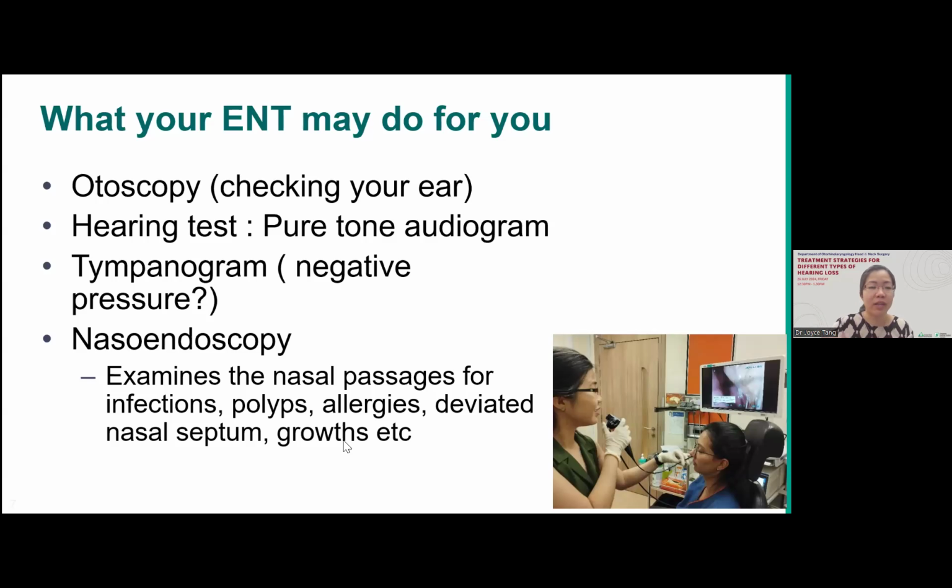We can tell if you have a negative pressure from chronic Eustachian tube dysfunction problems. And last of all, we do a nasal endoscopy, like in this picture. We put in the camera through your nose, and we look for any narrow nasal passage from a crooked nasal septum, or any infections, polyps, allergies, or even growths in your nose.